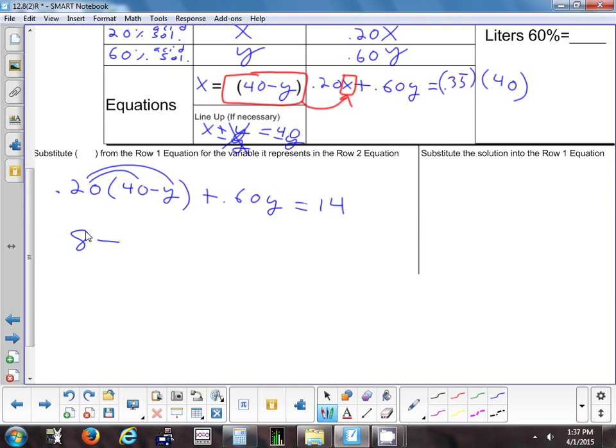Minus. Now, Ben, how would I write 0.20 times y? Just have to write down 0.20 and y. And it's subtraction because there was subtraction up above. Just copy that down. Rest of it stays exactly the same.